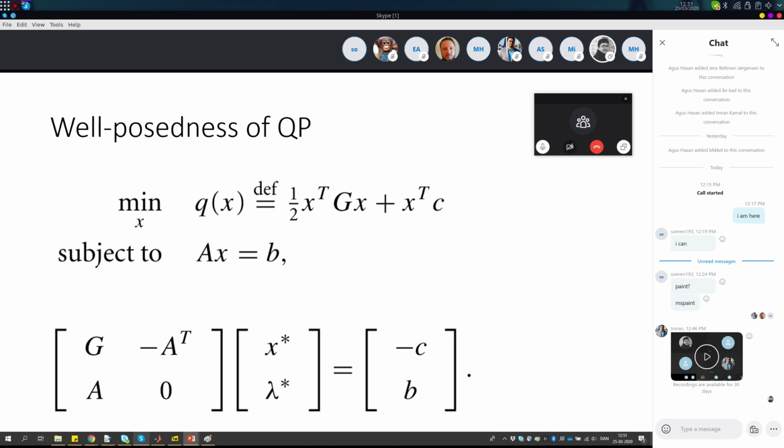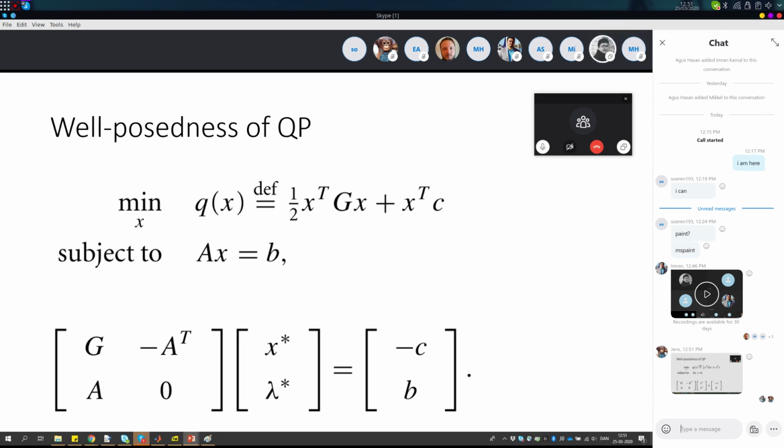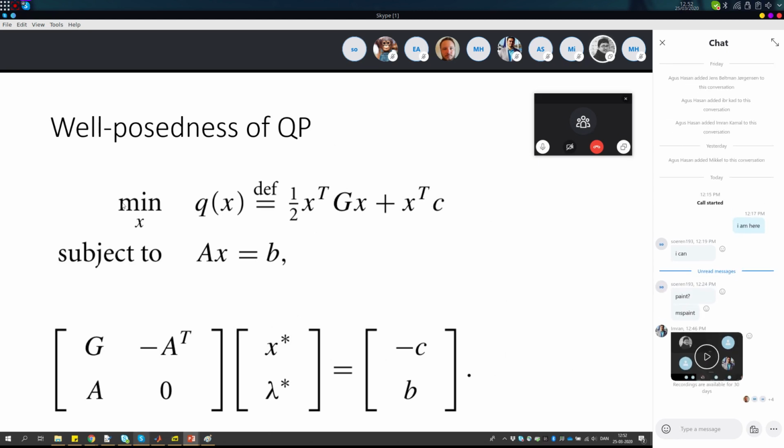This is very important, because before you want to solve a problem, you need to make sure that the solution exists and is unique. This could be unique because we assume that G is positive definite, so this is convex. And then basically, how to do that?